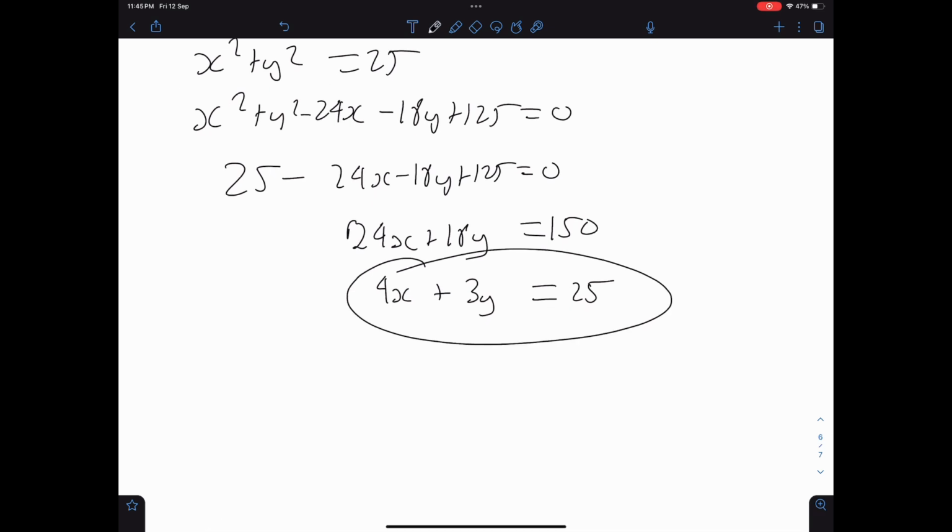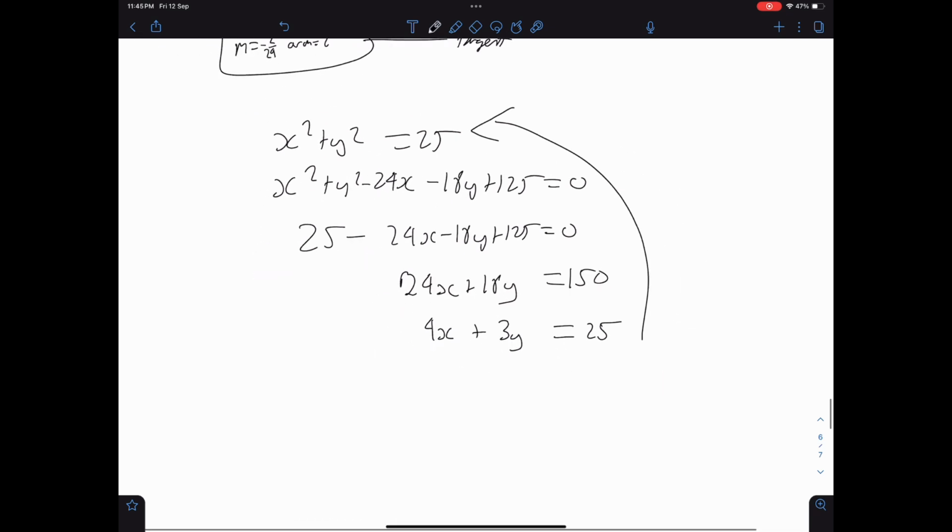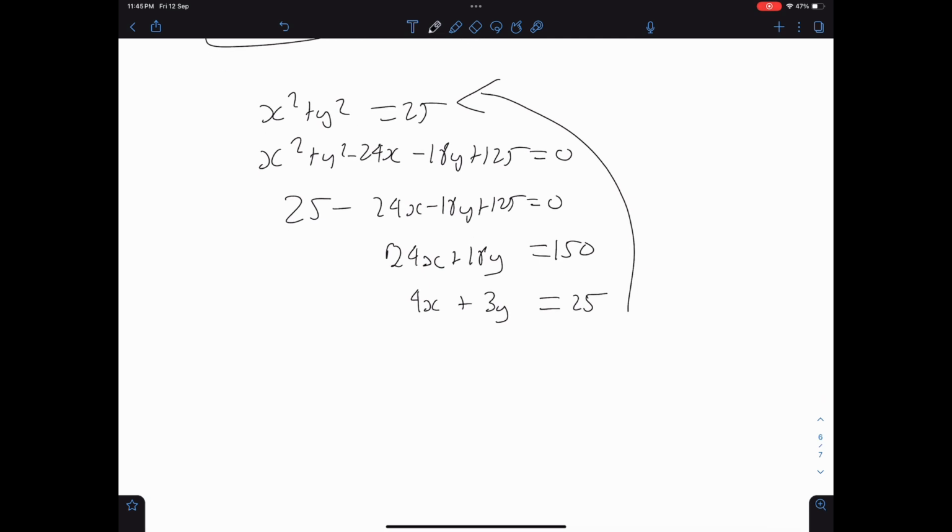So I'd rearrange this to get either x or y as the subject, and then I'd put it back into, say, this one, and then it will give me either the x or the y coordinates depending on which one you choose to do first. Then you can resub it back in for the other one. And if it's a repeated solution for one of them, that would prove that it's tangent as well.